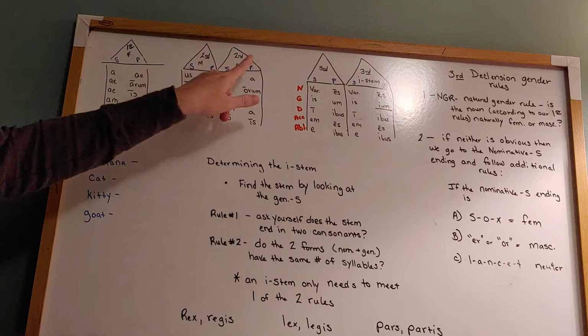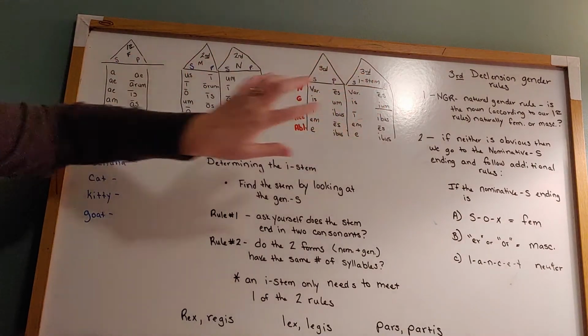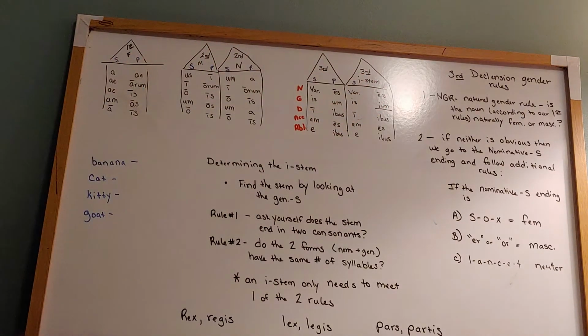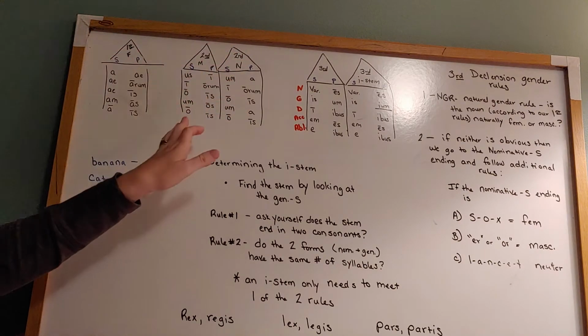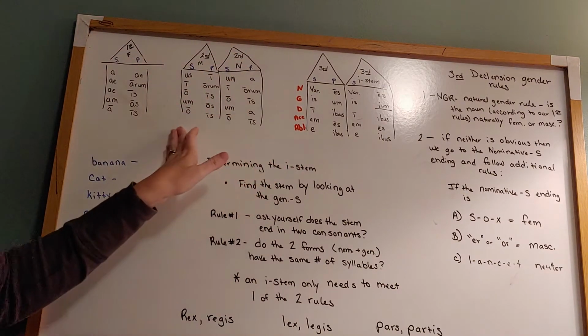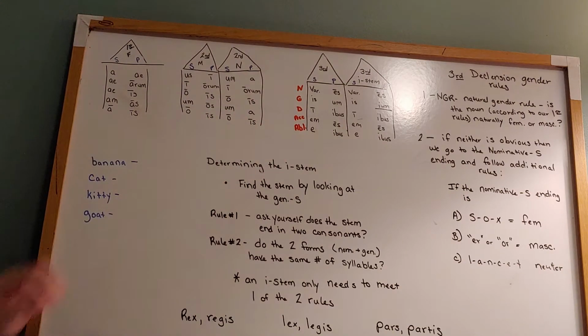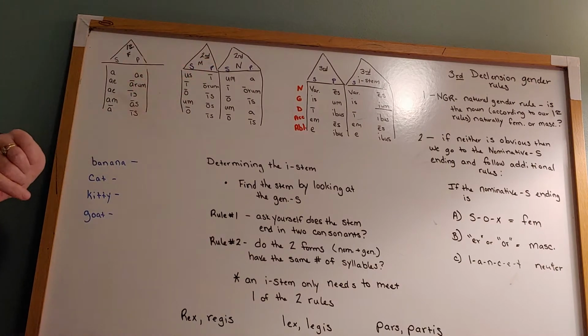And then our second declension. Notice these are groups. These are families. That's what we want to think of them as, families. So our second family, we have more of a duplex house because we have a second declension masculine and a second declension neuter. The S and P, singular and plural.